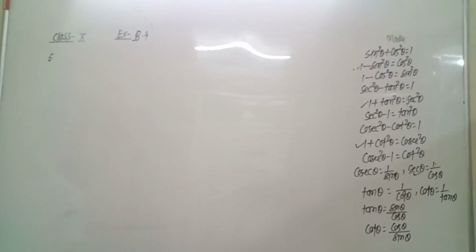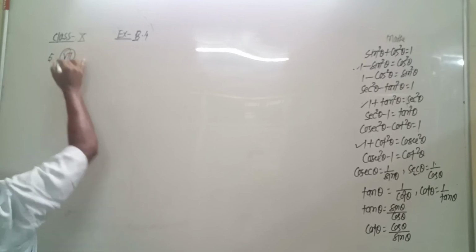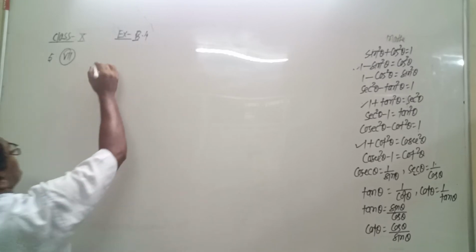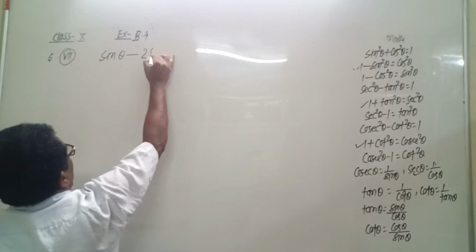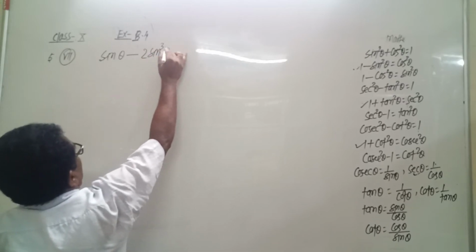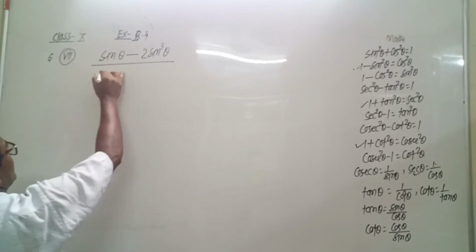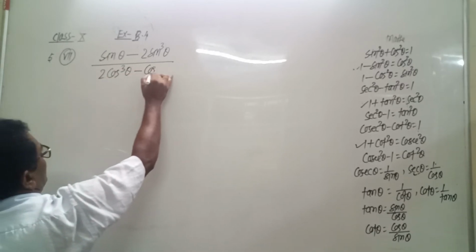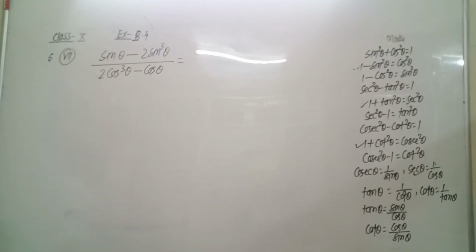Now part 7. Sin theta minus 2 sin cube theta upon 2 cos cube theta minus cos theta is equal to tan theta.